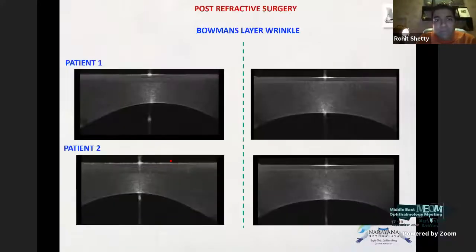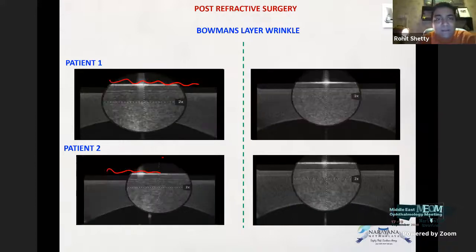Let's go to the Bowman's layer. The question which is asked is, today we're getting OCTs which are able to look at the Bowman's layer. Most OCTs do have a resolution to look at it. Why is it important? It's because we decide sometimes on refractive surgery, like when we do a SMILE, and you can see that sometimes the Bowman's layer has wrinkles, and these wrinkles have an impact on your quality of vision.